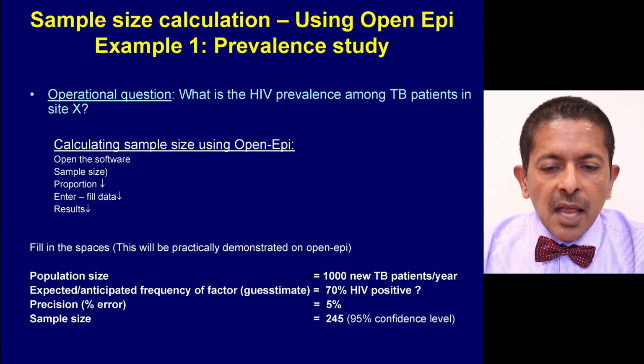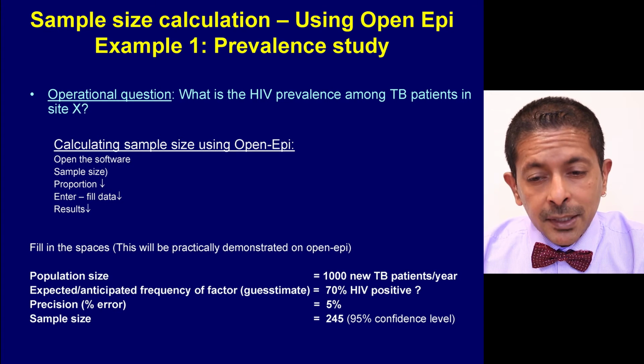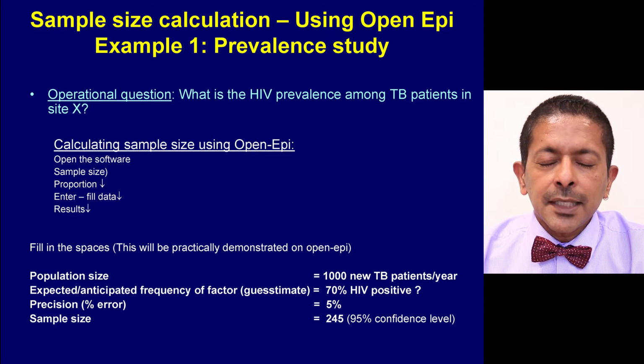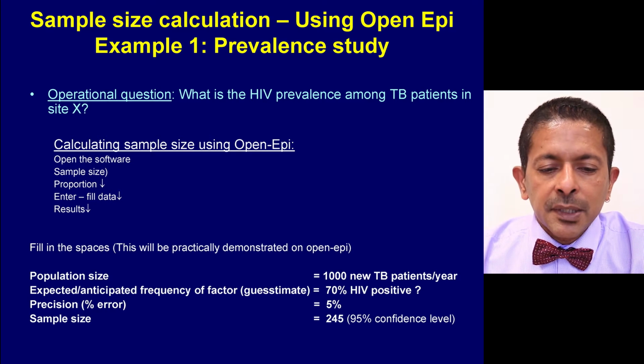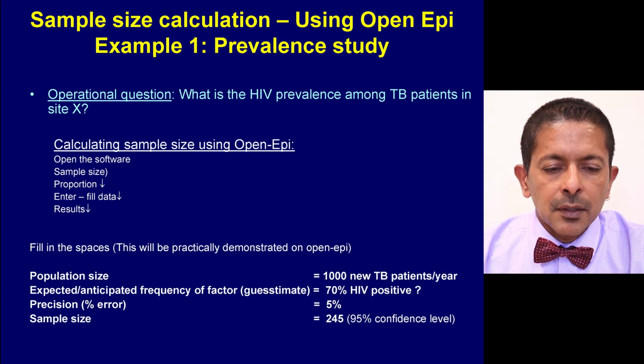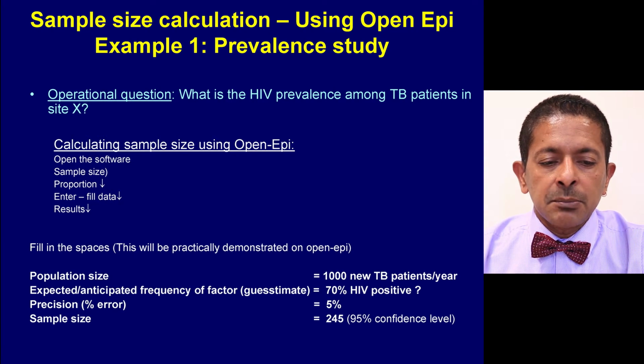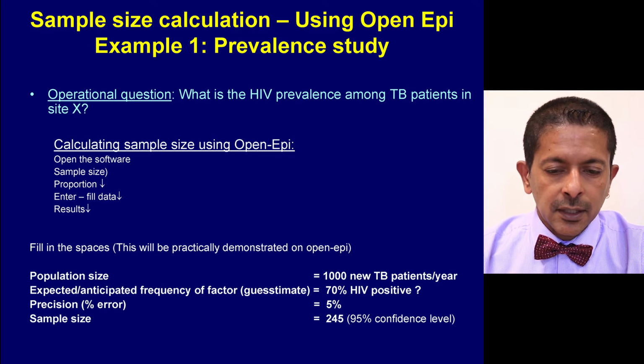Now you can do sample size calculations using a program called Open Epi, which is available freely on the net. You can Google it and then download it, put it in a USB key, and try this exercise yourself. Using a question, what is the HIV prevalence among TB patients at a site X?